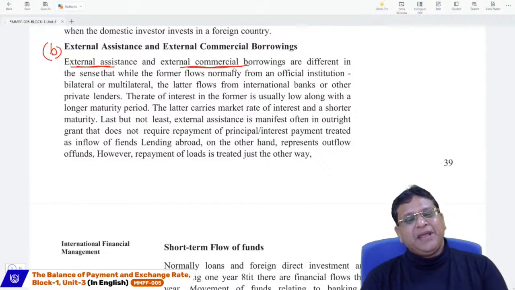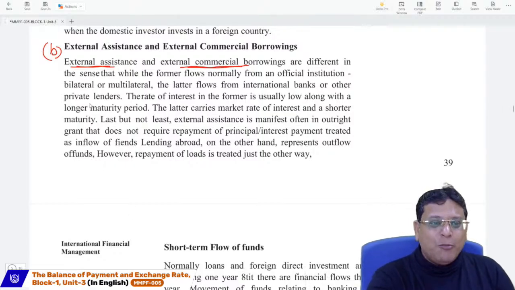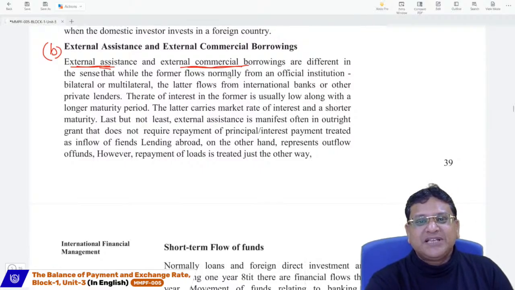So this is the main point of difference between external assistance and external commercial borrowings. External assistance consists of government transactions. External commercial borrowings are normally financial transactions. Okay, so these are official transactions, external assistance, and these are private transactions normally.